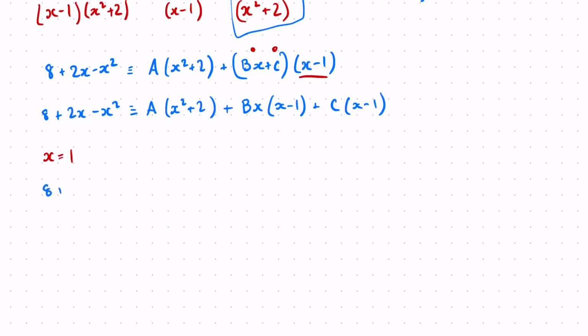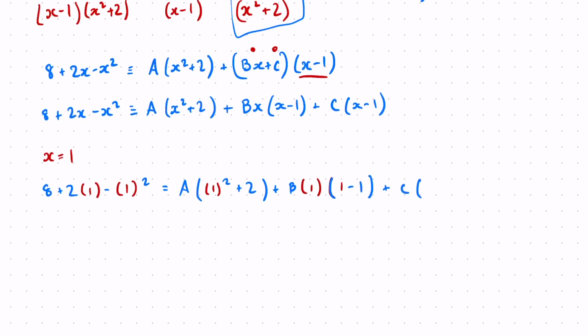So that means I've got 8 plus 2 lots of 1 minus 1 squared, which is equal to a 1 squared plus 2 plus b lots of 1, then 1 minus 1 plus c lots of 1 minus 1.